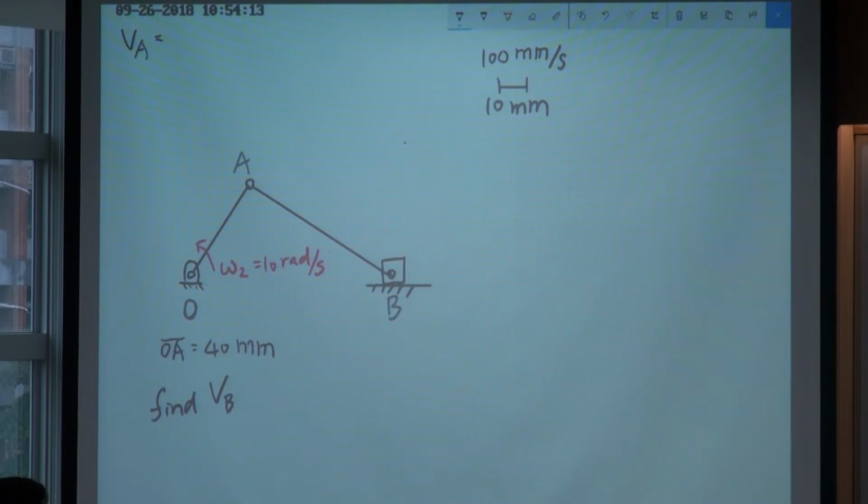VA will simply be OA times omega-2. So it's 40 millimeter times 10 radian per second, so it's 400 millimeter per second. So that's the velocity of A.